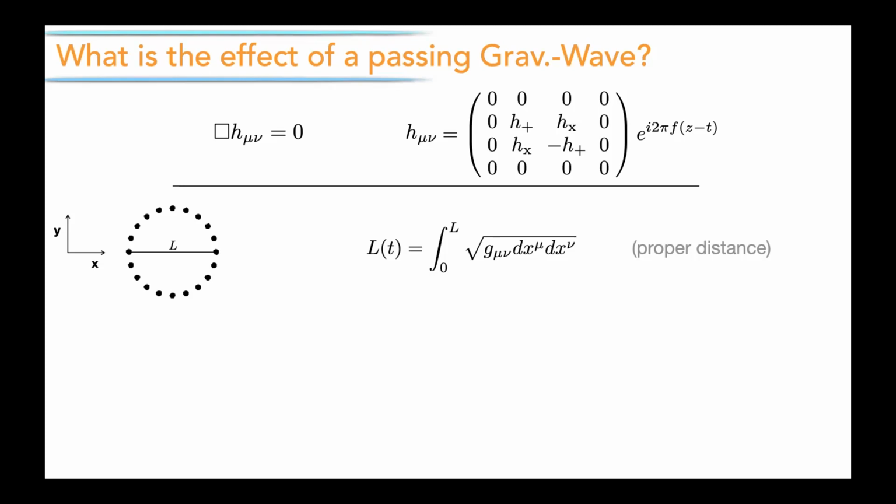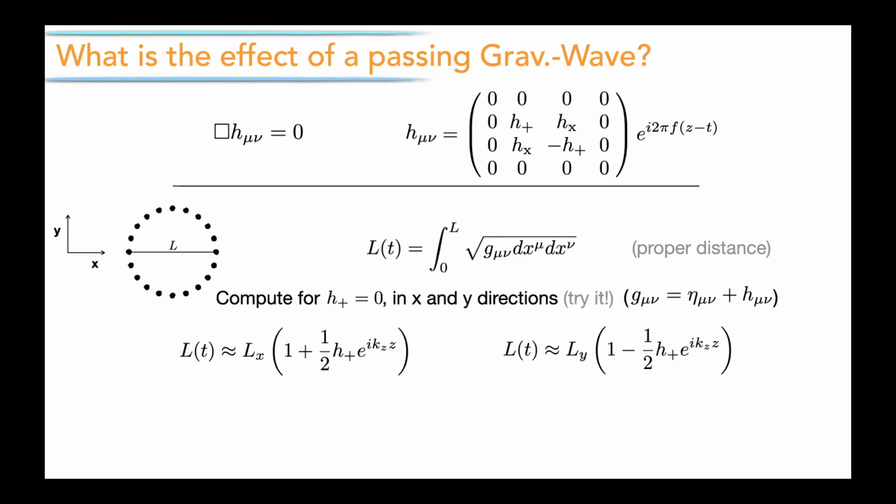So this is just the definition for proper distance. And we can carry this out with the metric that we just solved for over here on the right. If we plug in this metric to this proper distance, and we keep first order terms in h, you can try a few illuminating examples. The first example would be, let's say we only have this plus polarization, only these plus components here.